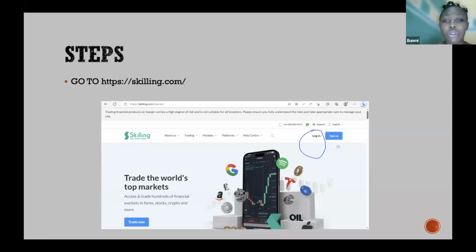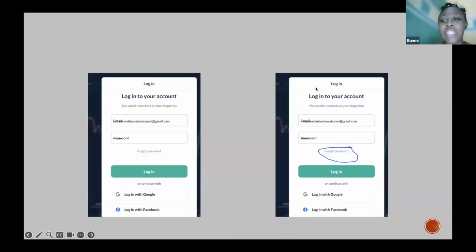So to verify, you log on to skilling.com and click on login. If you have already activated your account, it will bring you to this page. If you haven't activated your account, it will send a link to you to activate. If you have activated and forgotten your password, click on forgot password.